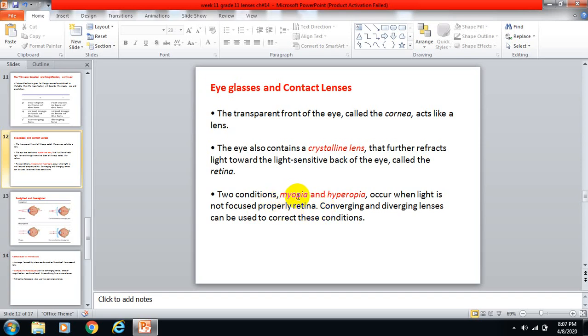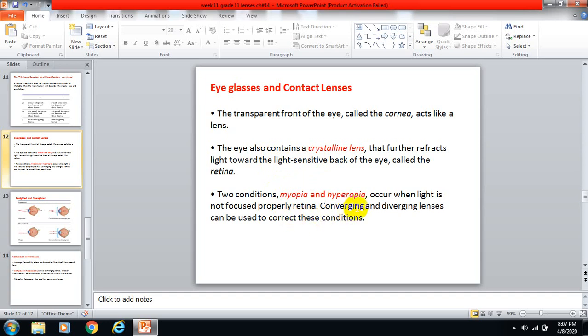We call these conditions myopia and hyperopia. Converging and diverging lenses can be used to correct these conditions. Remember, for myopia and hyperopia, the retina is not focusing the light very clearly if the light is coming from the back or from the front.